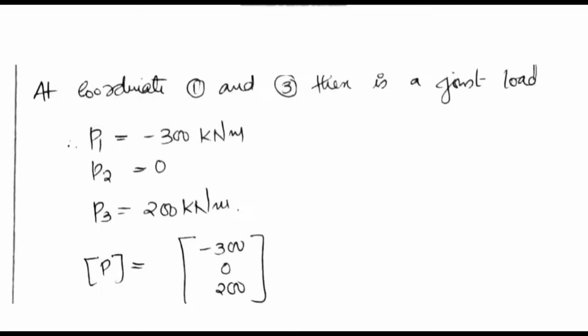In the previous questions, we didn't have any external loads, but here we have the joint loads. So P1 will be equal to minus 300 kilonewton meter, P2 will be 0 and P3 equal to 200 kilonewton meter.